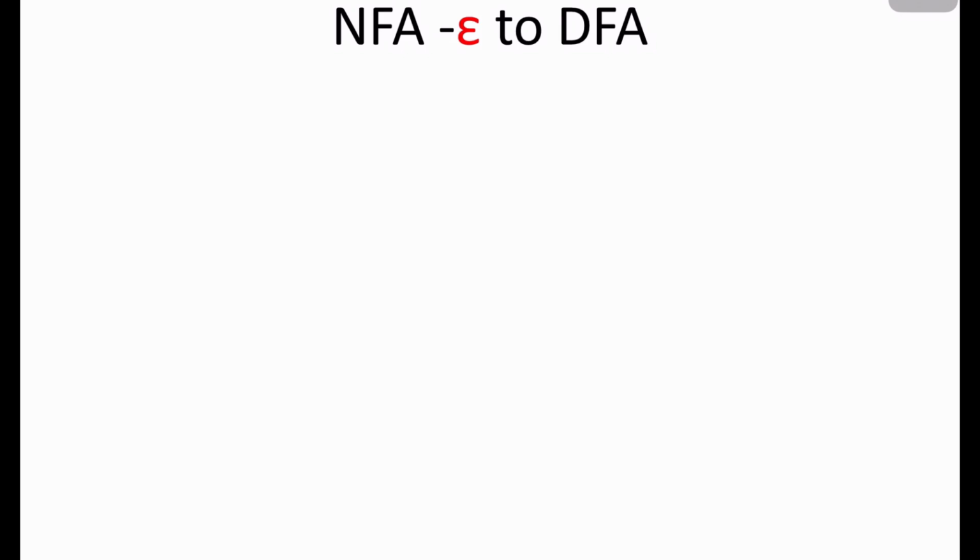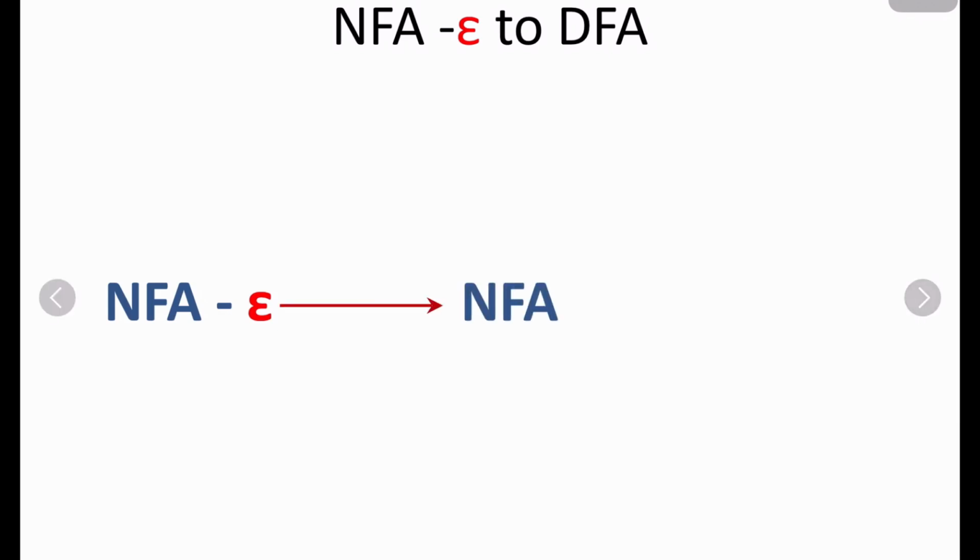We'll discuss Epsilon-NFA to DFA, that means conversion from Epsilon-NFA to DFA. Quite interesting. In this video I will first discuss conversion from Epsilon-NFA to NFA and then NFA to DFA.